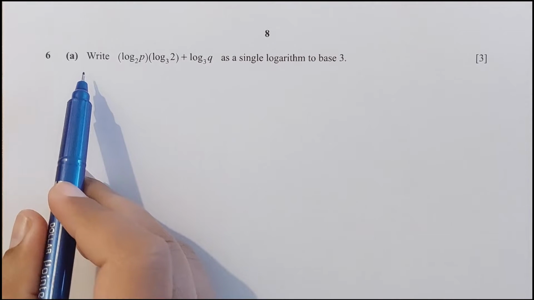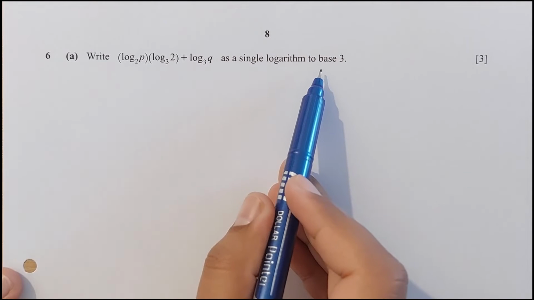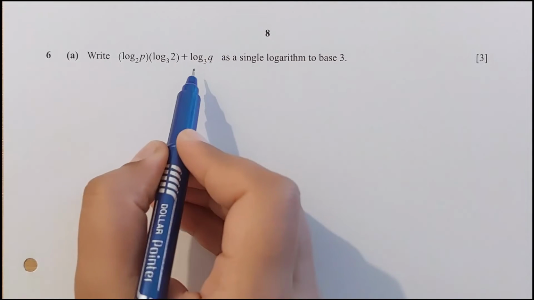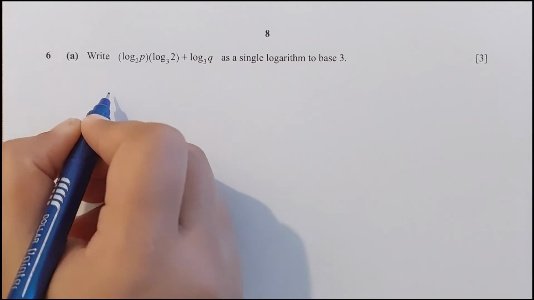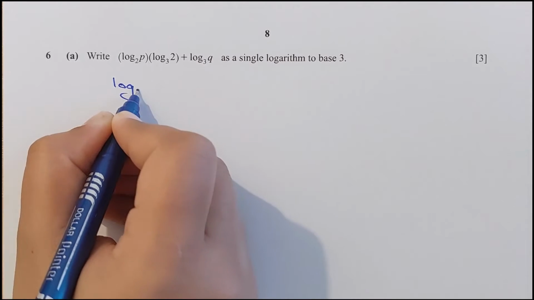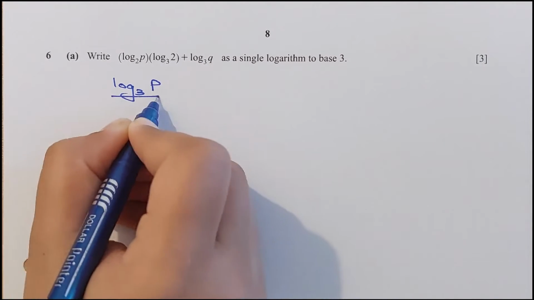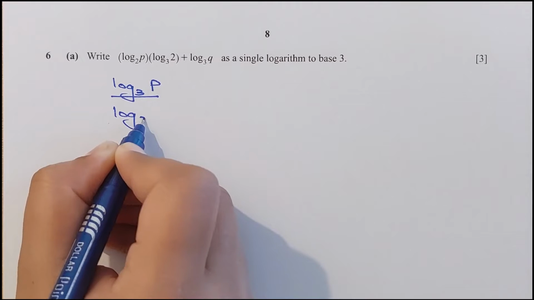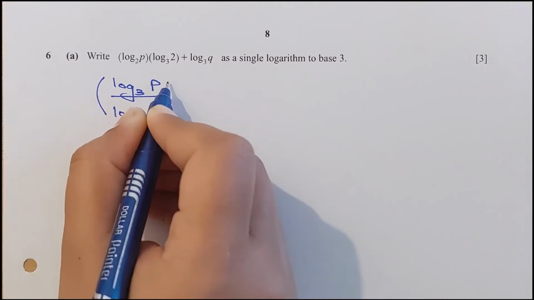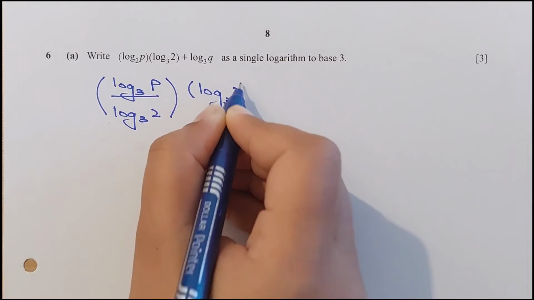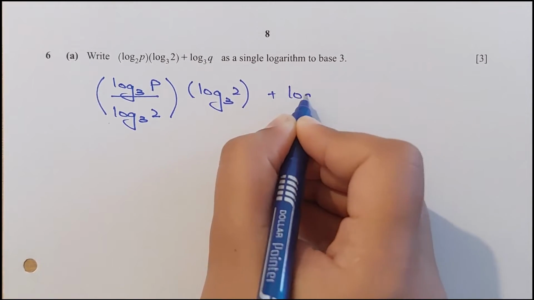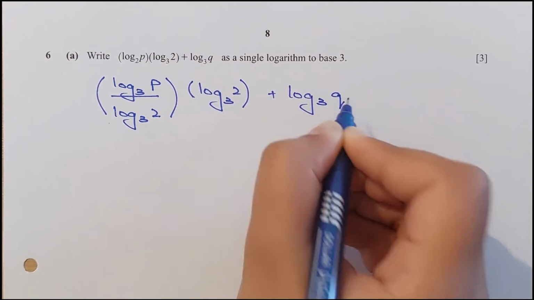Question number 6, part A. Write this as a single logarithm to base 3. So the base is 3 here, the other base is 2. We have to use the change of base formula here. Log base 3 of p over log base 3 of 2, multiplied by log base 3 of 2, plus log base 3 of q, right?